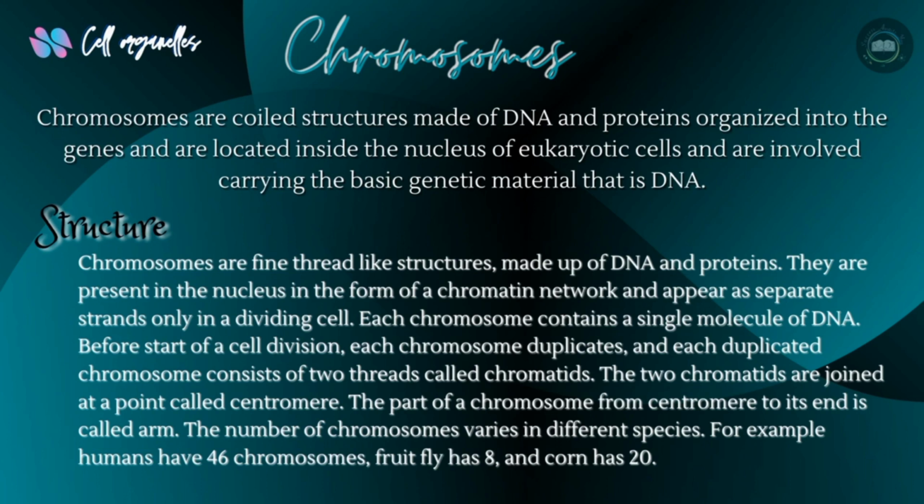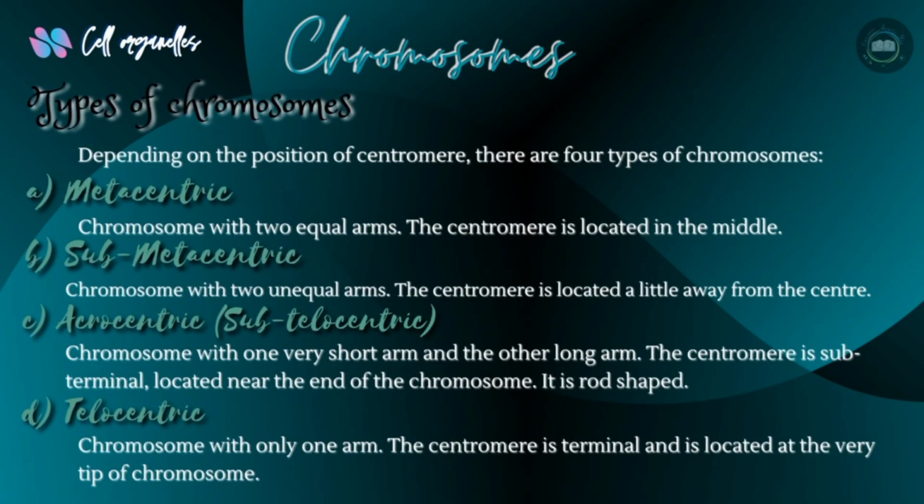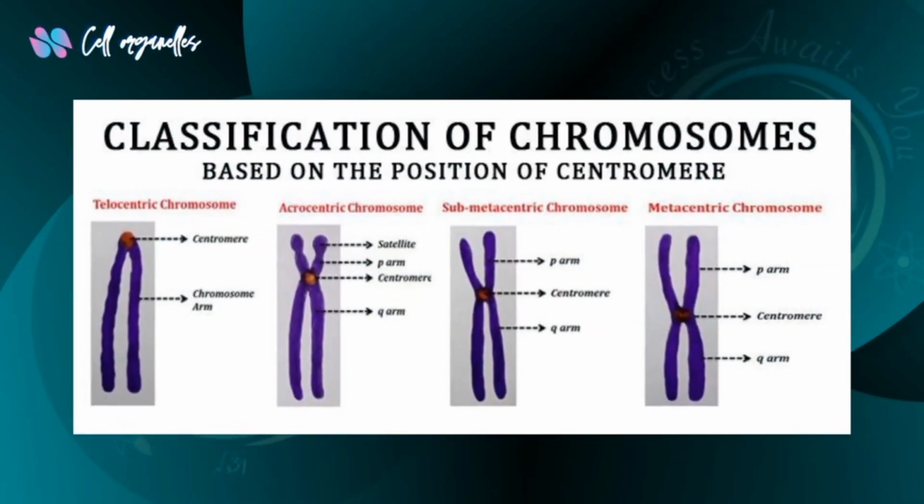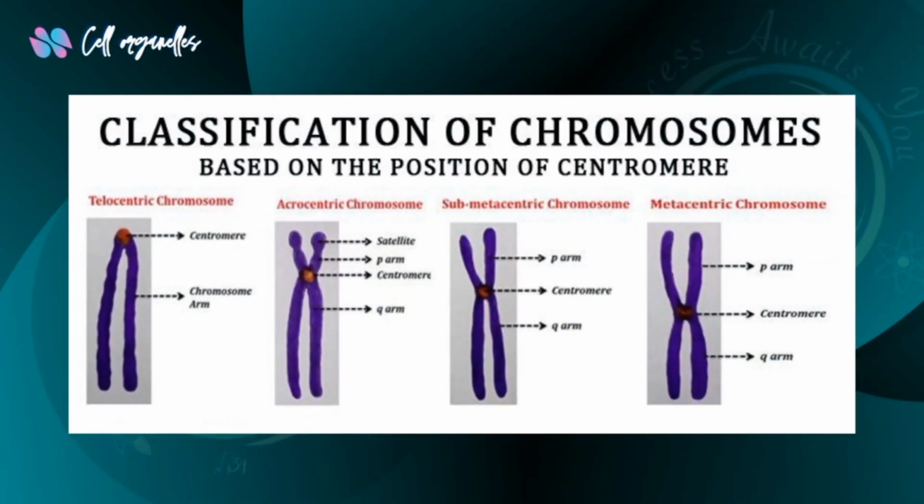Chromosomes are only visible and distinguishable from one another when the cell is getting ready to divide. A chromosome consists of two parts, chromatids and centromere, where chromatids are the arms which are joined with the help of centromere. On the basis of position of centromere, chromosomes have four types: metacentric, submetacentric, telocentric, and subtelocentric.